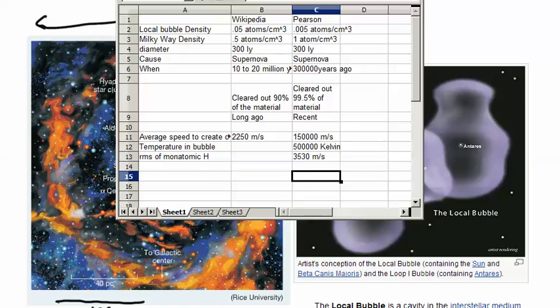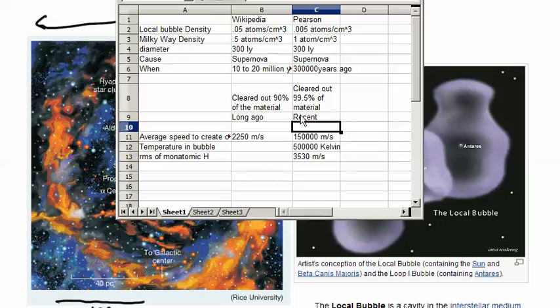Well, to wrap up, I guess what's fascinating to me here is how these minor differences between numbers could represent very different theories about the evolution of the universe.